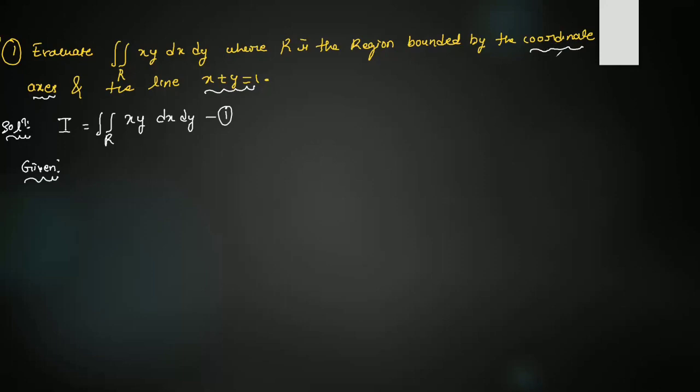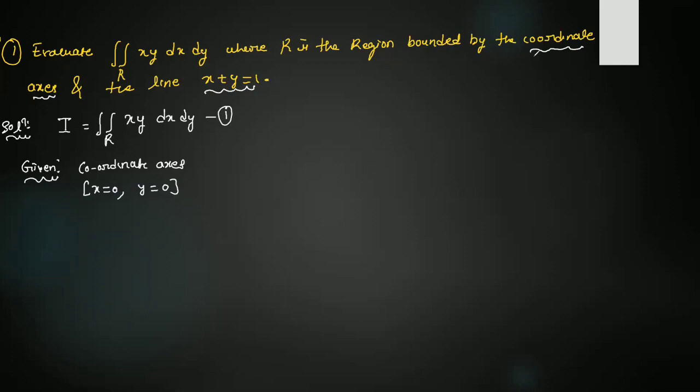Now tell me, what is the coordinate axis? x is equal to 0, y is equal to 0. If some people don't know about this, the coordinate axes are x equal to 0, which is the y-axis, and y equal to 0, which is the x-axis. Okay, done.